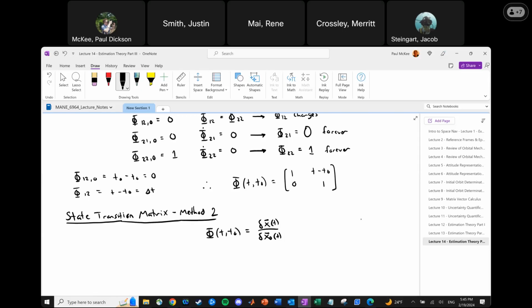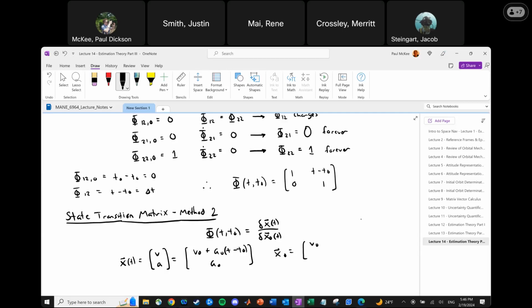Now, in our problem, x of t is velocity and acceleration, which per our mathematical model is v naught plus a naught times t minus t initial, and then a is just a naught. And x naught is v naught and a naught.